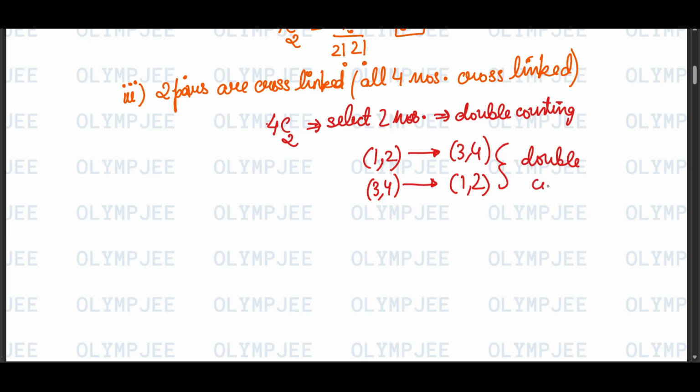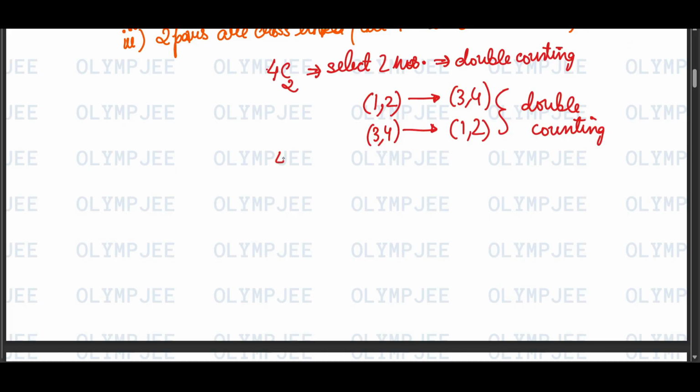You need to be careful here because this is a very hidden case of double counting which many people will miss. So we will take 4C2 by 2, so this will give us 3 cases. So total cases are 1 plus 6 plus 3, which is 10.